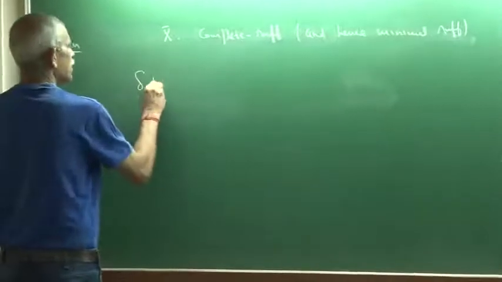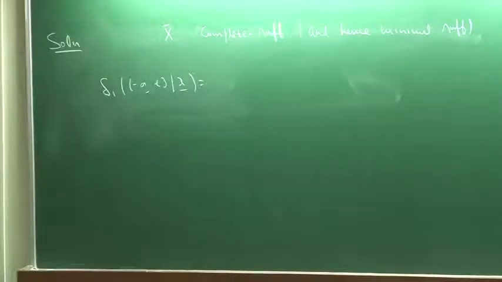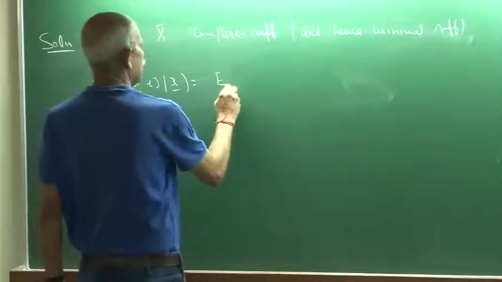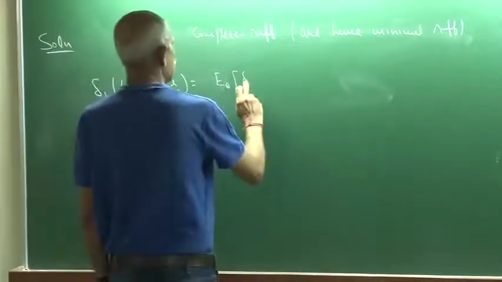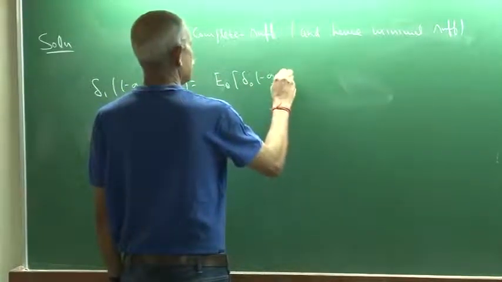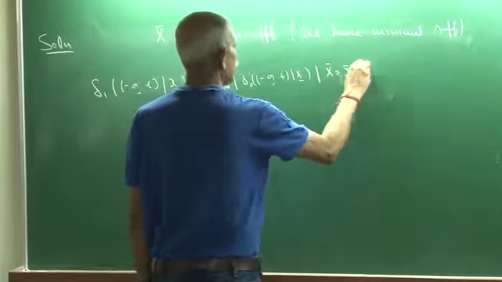So delta 1 of minus infinity to t given x is nothing but the expected value of delta naught of minus infinity to t given x bar is equal to small x bar.